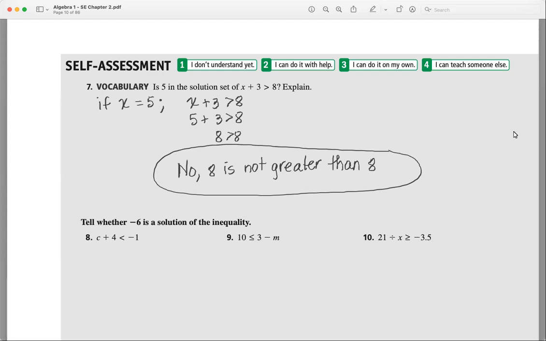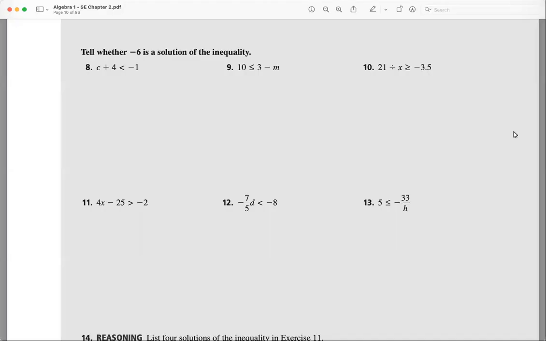In 8 through 13, we are going to tell whether -6 is a solution of the inequality. Let's work them out. We are substituting -6 for the variable. That is what we're doing when they're asking you whether it's a solution of the inequality, okay?